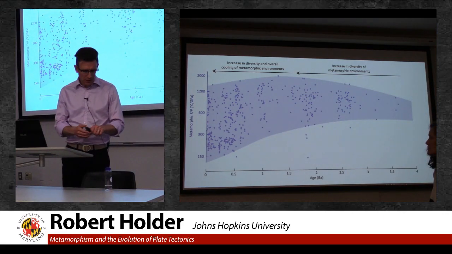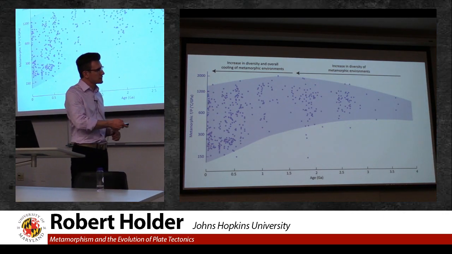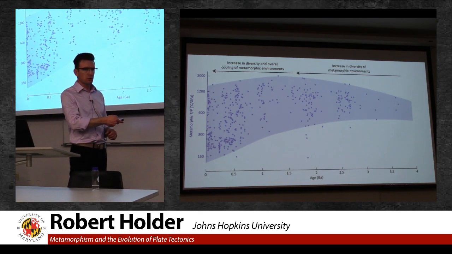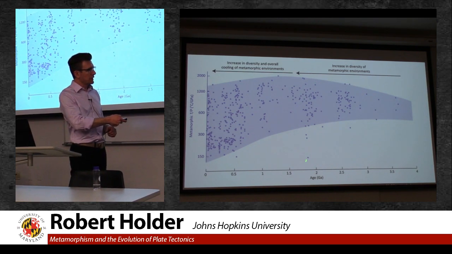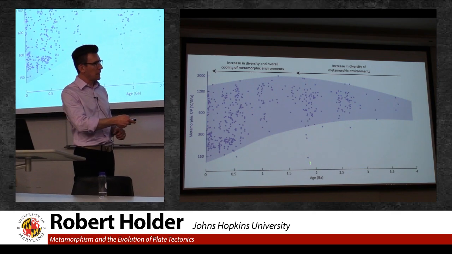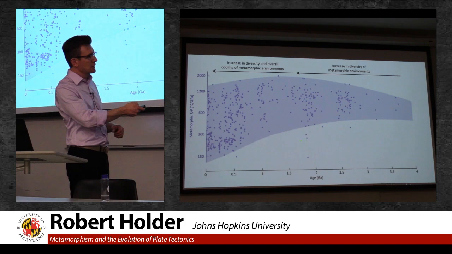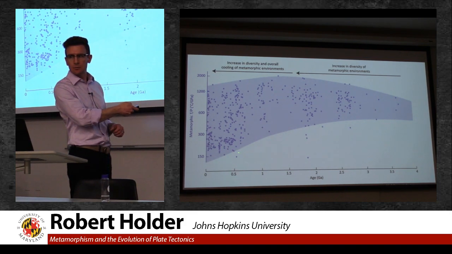So another hypothesis that I didn't discuss is that you can see they're very rare, but there are a few of these very low T/P points. So these are low temperature eclogites that formed in collisional origins. And each time one of these points is published, there's basically a corresponding paper that says that this is identical to what we see in modern collisional orogenic belts, these low thermal gradient metamorphic rocks.